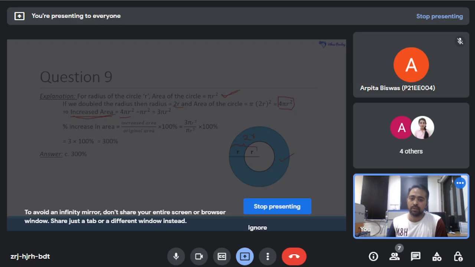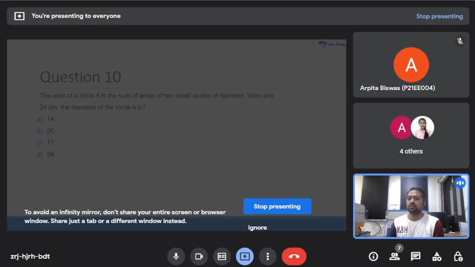Okay. 4 pi r square minus pi r square, that is 3 pi r square, and then percentage. So remember, the change in area divided by original area multiplied by 100% gives the percentage out of 100. So 3 pi r square upon pi r square, they cancel out, and multiplied with 100 we get 300%. So the increase is 300%.